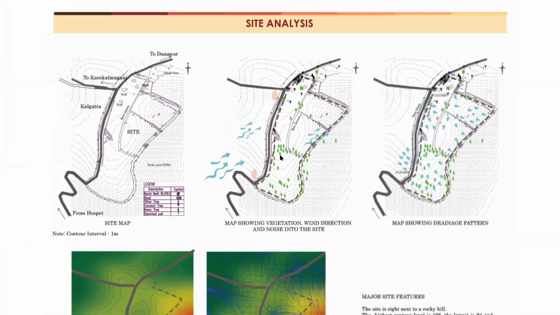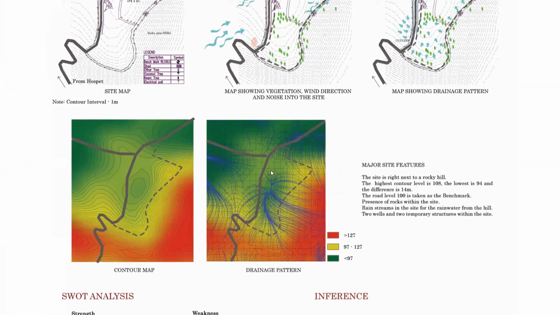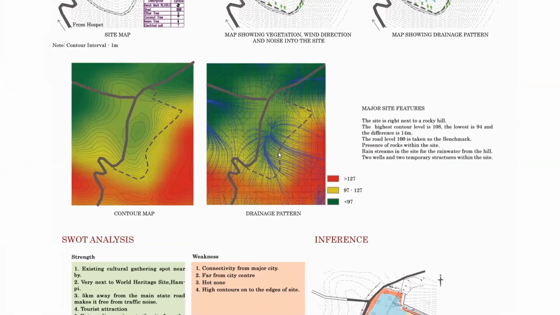This is a map showing the vegetation and also the wind direction and the noise pollution produced around the site. This is the drainage pattern in the site.